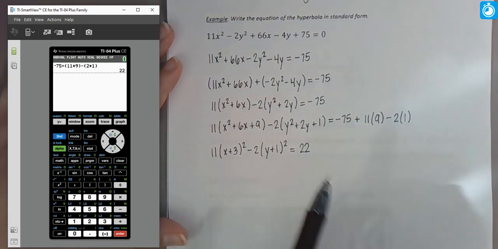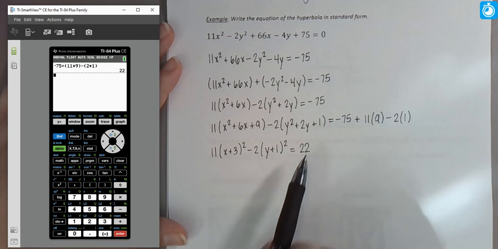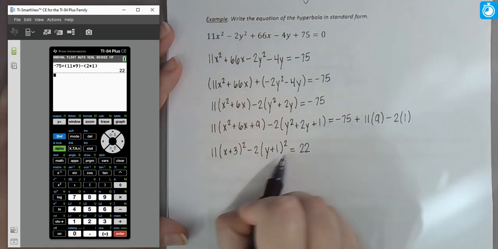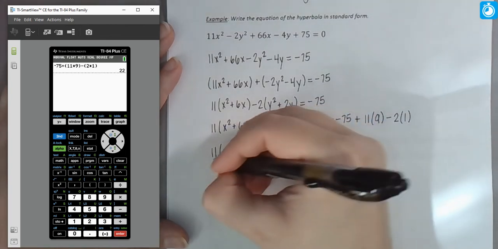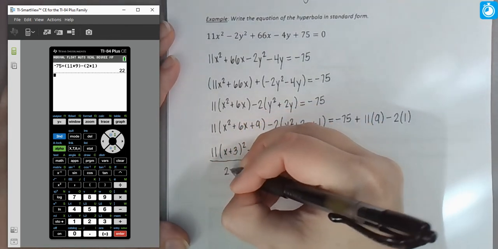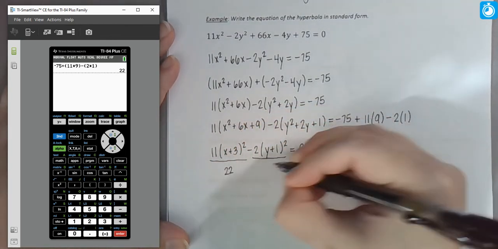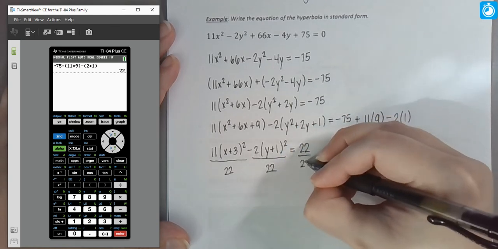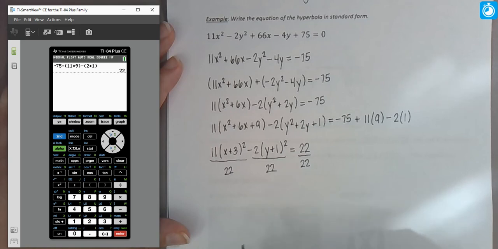So last but not least, we need to get the 1 that we like to have on the right-hand side for standard form, which means I need to divide out a 22 from all of my terms. So divide the 22 on the left to keep things in balance, divide the 22 on the right to get the 1 that we need. And notice the 11 and 22, the 2 and 22, those are going to reduce.